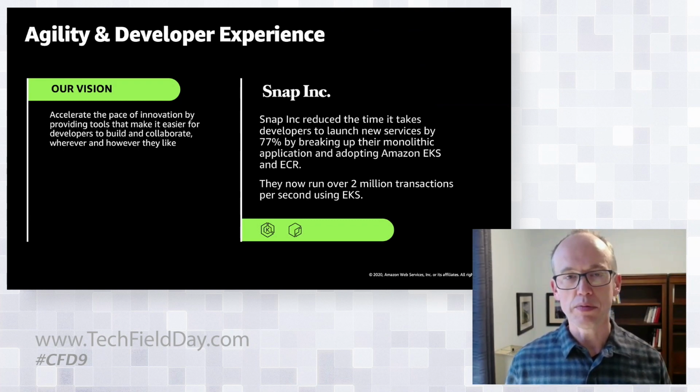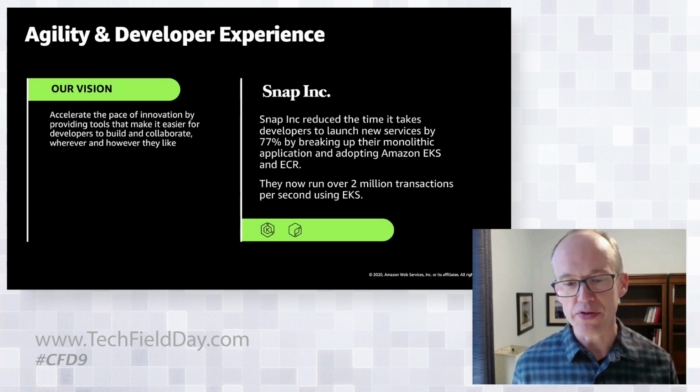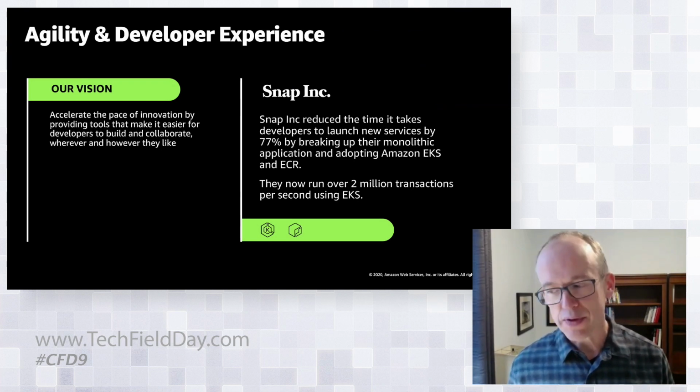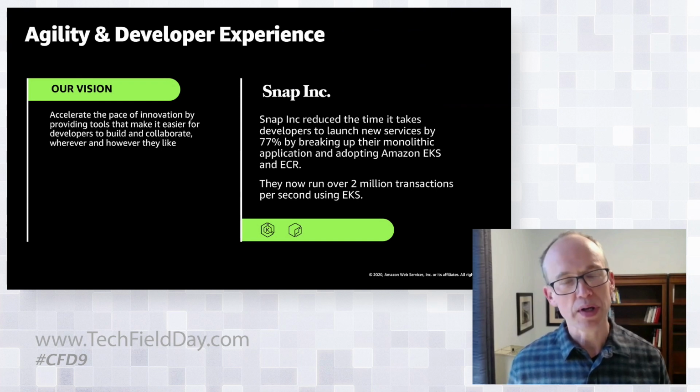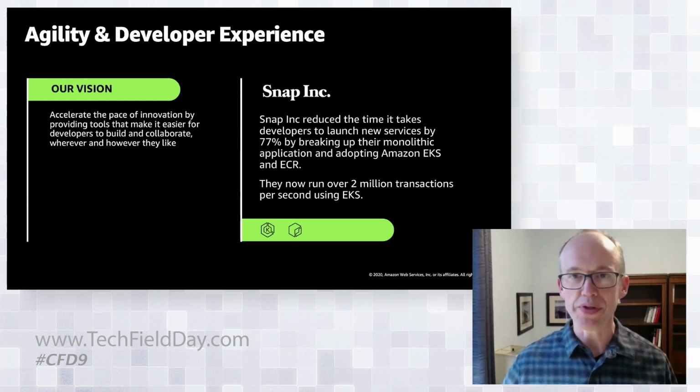A lot of times those efforts start out as an effort to improve developer productivity, right? Because you want these loosely coupled teams that can innovate independently of each other. But in this case, it actually improved their performance as well.